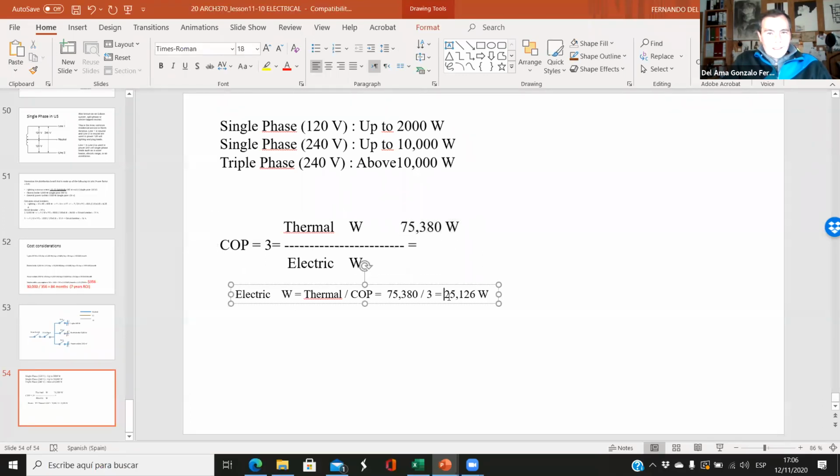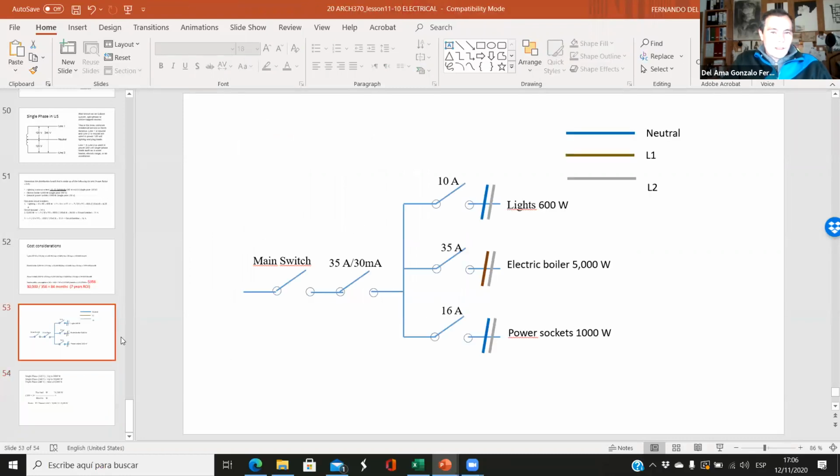Okay, so if we are having 25,000 watts, what kind of system do you think we can use? A single phase system? It's just yes or no. So you have a 50% chance of getting the right answer. What do you think?